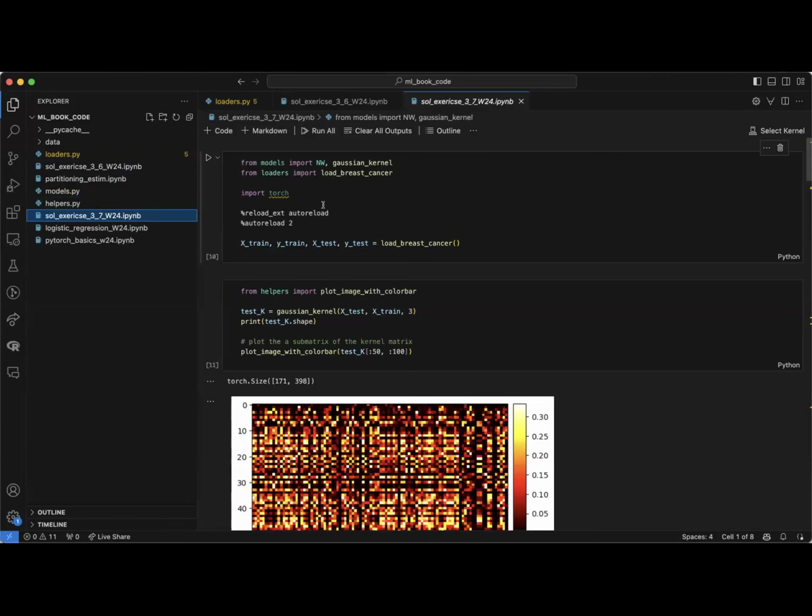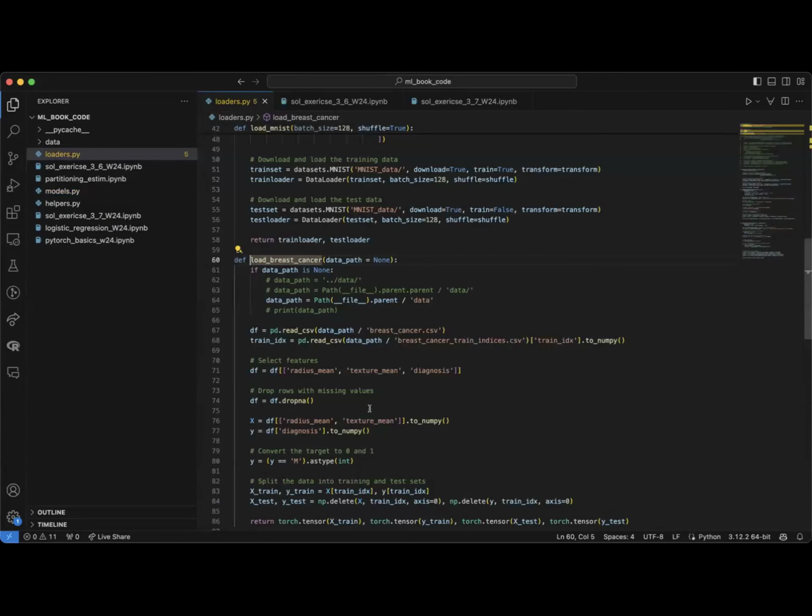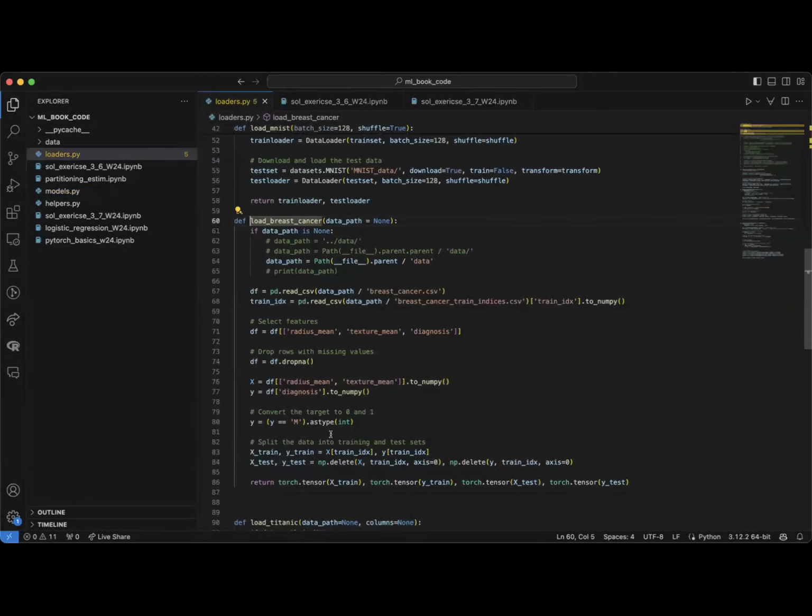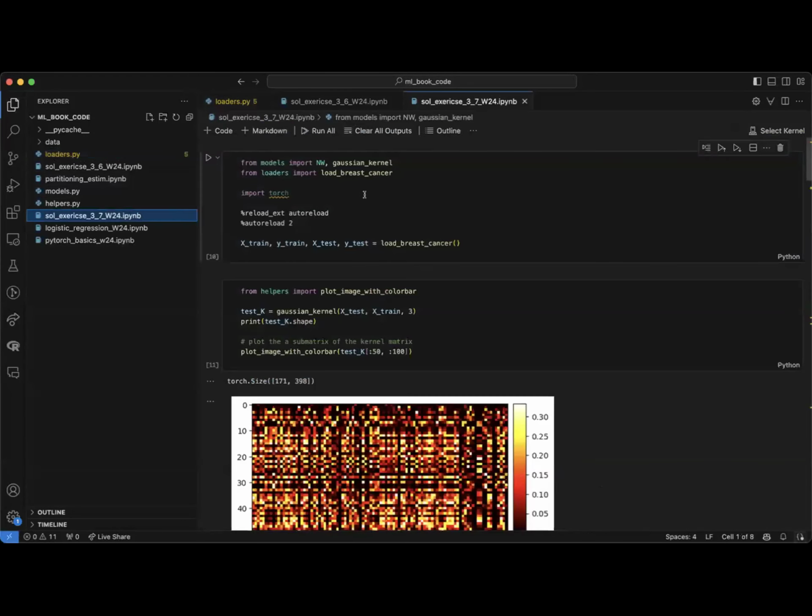In these loaders, there's this load breast cancer, which does a lot of cleanup, loads the data and cleans it up so that we are in a starting position. If I run this, for example, let's see if it runs.